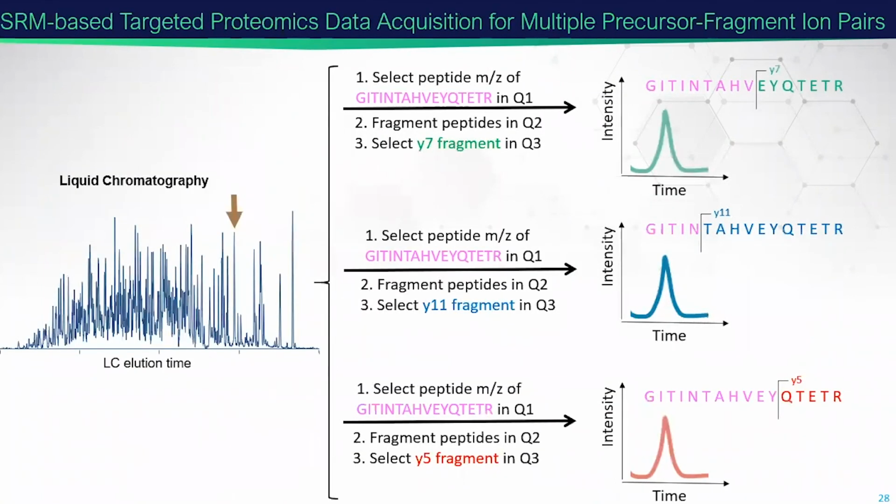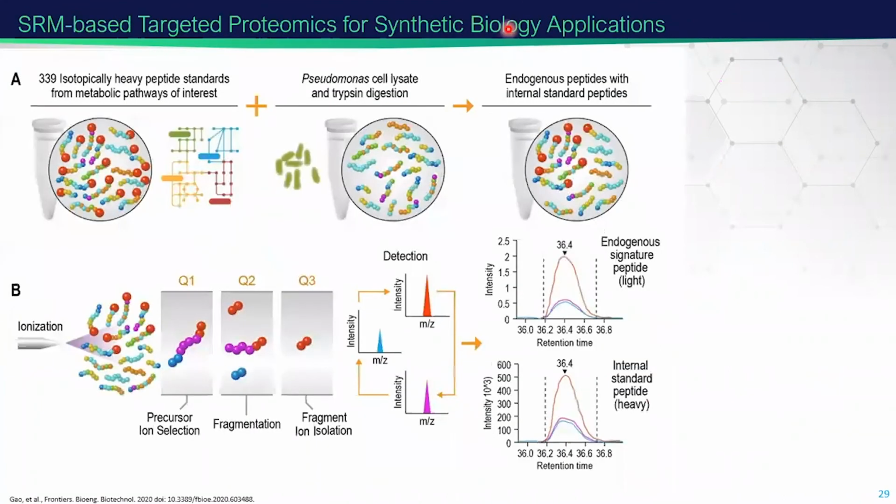Normally in SRM-based targeted proteomics, you do not just monitor one transition, one pair, for each peptide. You normally monitor three pairs, so three different fragments for the peptide. And normally, you need isotope-labeled internal standard peptides, which use isotope-labeled lysine and arginine at the C terminal instead of the regular ones.